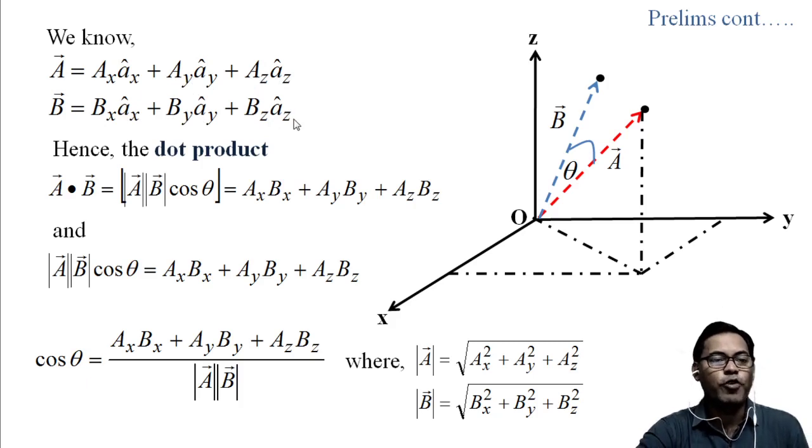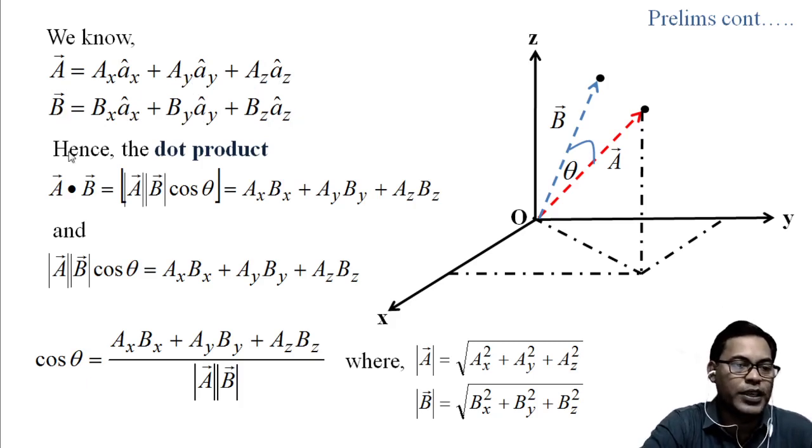Now if we want to find the dot product A dot B, then it will be the magnitude of A times the magnitude of B times cos theta, where theta is the angle between vectors A and B. If we calculate this, you will get Ax Bx plus Ay By plus Az Bz. So this term is a scalar quantity. If we take the dot product of two vectors, we get a scalar quantity.